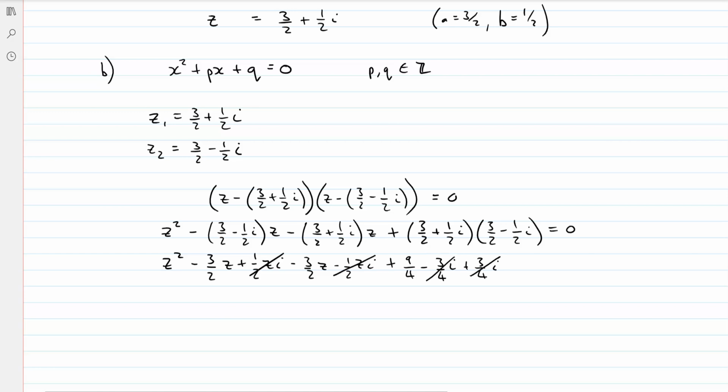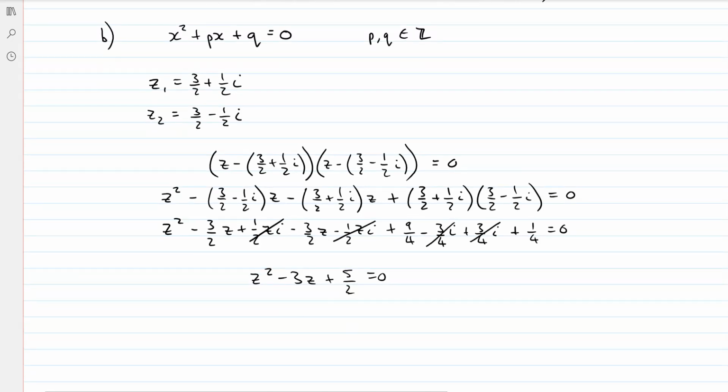Half i times minus a half i is minus a quarter i squared, so it'll be plus a quarter. Tidy up, so we're going to get z squared. We've got 2 of these z terms, so we're going to get minus 6 over 2, or minus 3z, and 9 over 4 plus a quarter is 10 over 4. We can simplify 10 over 4 to 5 over 2. Do that in stages if you want.